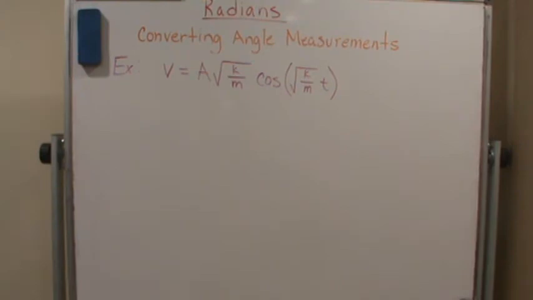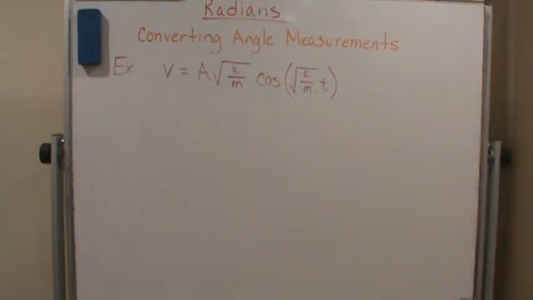A is measured in centimeters, so the maximum distance of the object is in centimeters.